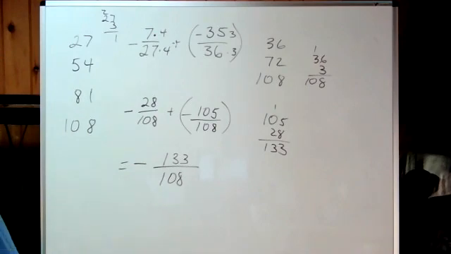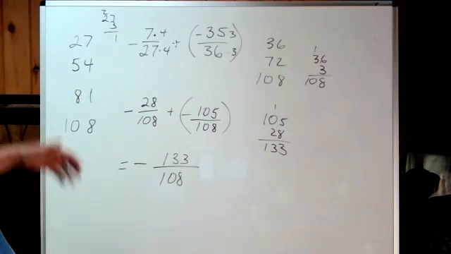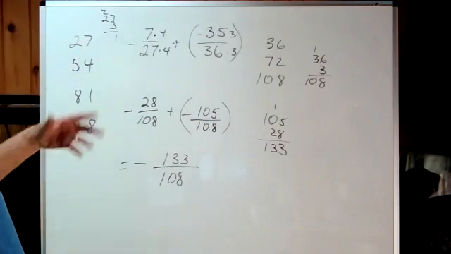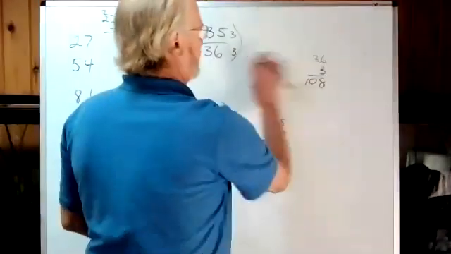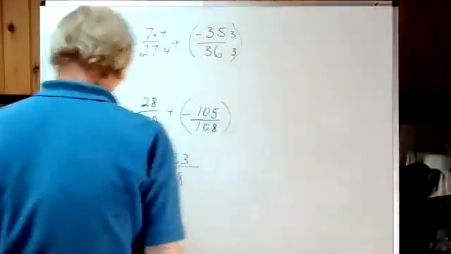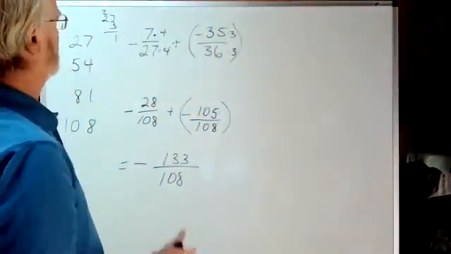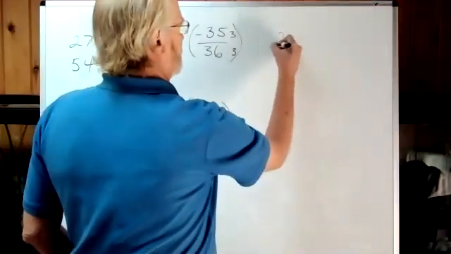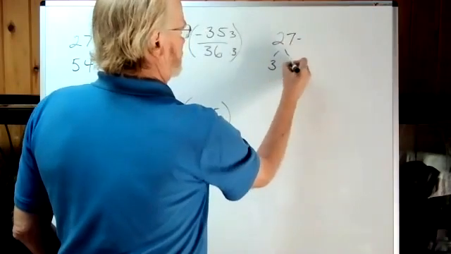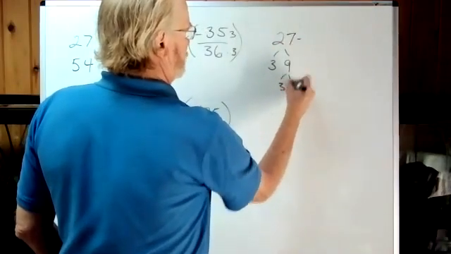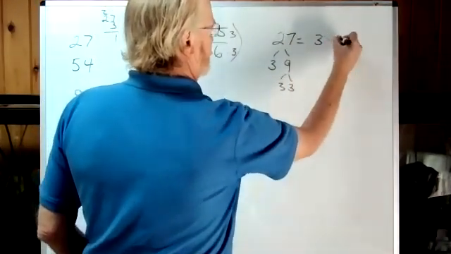Now this one, you might have liked not working with the big numbers, you might like that other technique. So let me show you how that would work. Kind of do this for a while, side by side. 27 is what? 3 times 9, which is 3 times 3. 27 is actually 3 times 3 times 3.